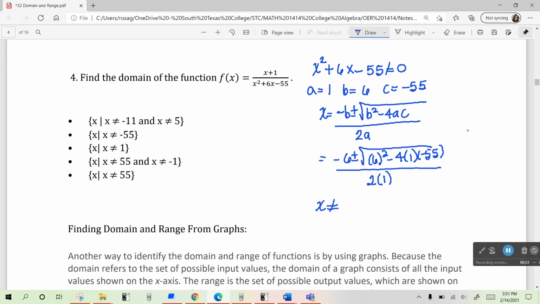So x cannot be the answers that we get. I think that's what you get from the quadratic.